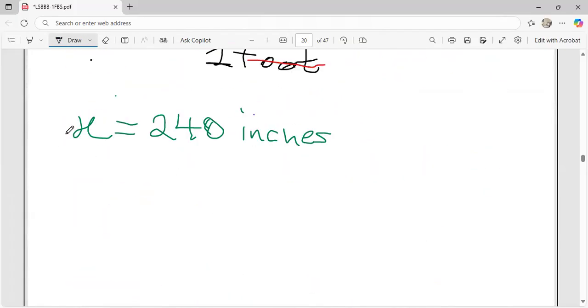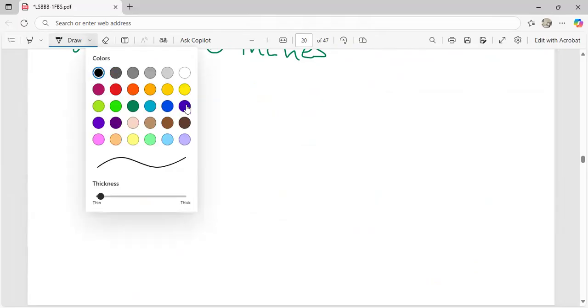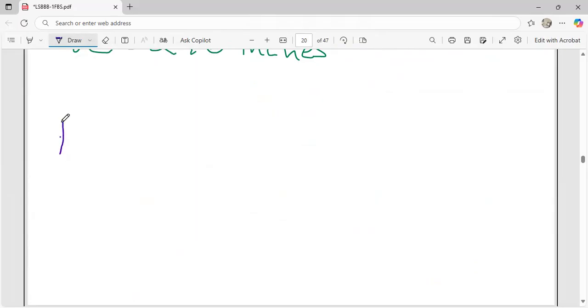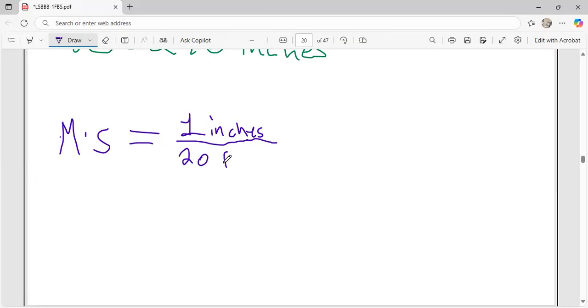So we said that our map scale was equal to 1 inch over 20 feet. So we came to convert the 20 feet into inches.